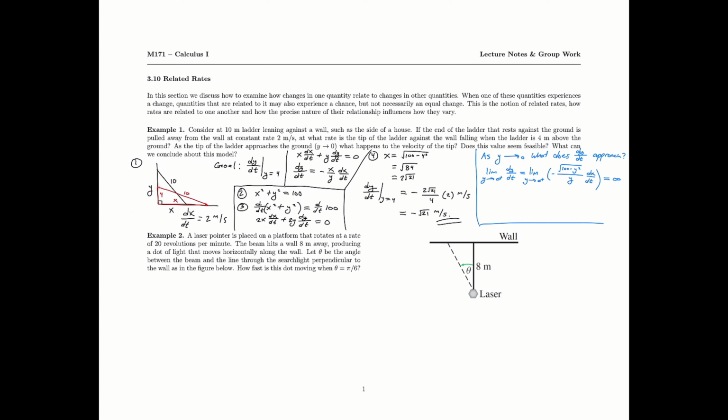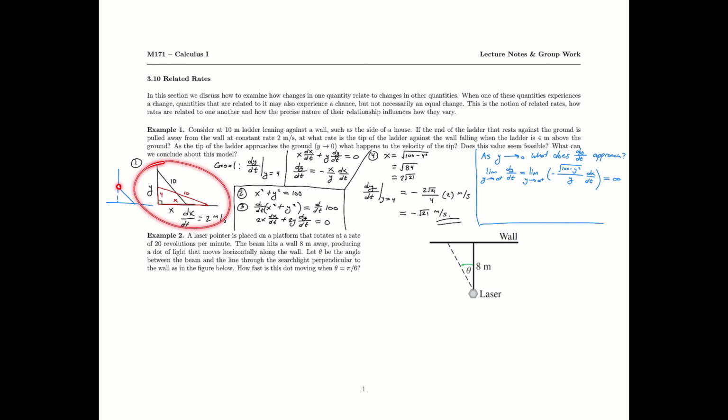There's some critical angle where it's sufficiently small where it actually leaves the wall. So if you trace the tip of the ladder, it would go down the wall like this, and then it would kind of slide out like that before hitting the ground. So it actually lets go of the wall.